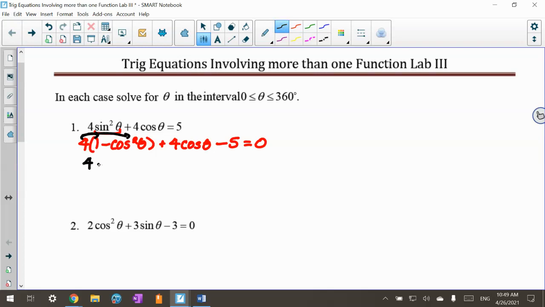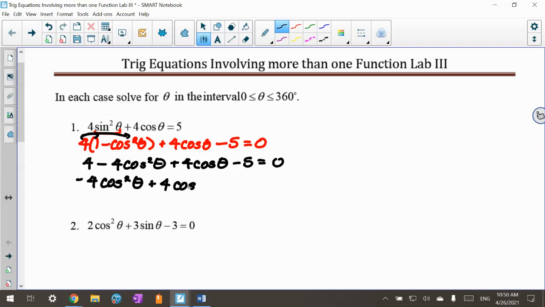So I have 4 minus 4 cosine squared theta, plus 4 cosine theta, minus 5 equals 0. Now I notice that the cosine squared is here and the cosine here. So I'm going to put this first, second, and then I'm going to combine the 4 and negative 5. So I have negative 4 cosine squared theta plus 4 cosine theta minus 1 equals 0.